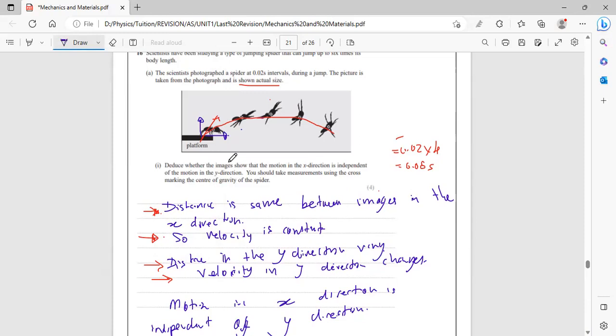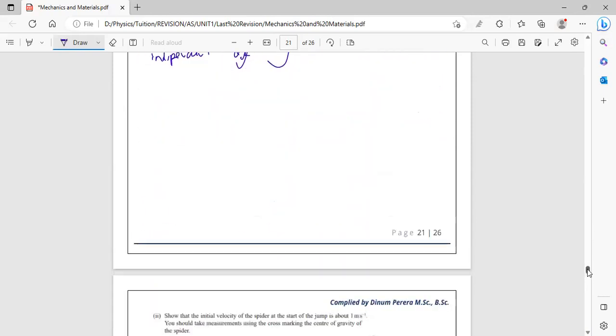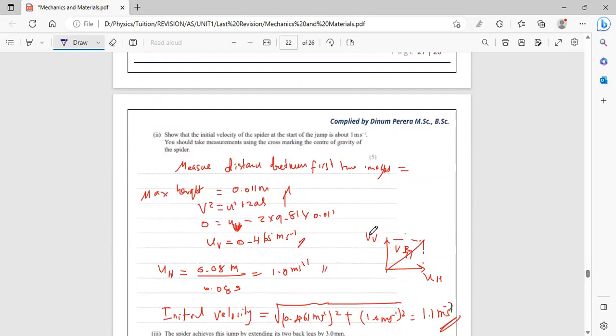Try to think, how can we find the vertical component of the initial velocity and the horizontal component of the initial velocity. If we find the vertical component and the horizontal component, we can use the Pythagoras theorem to find the resultant velocity, right?